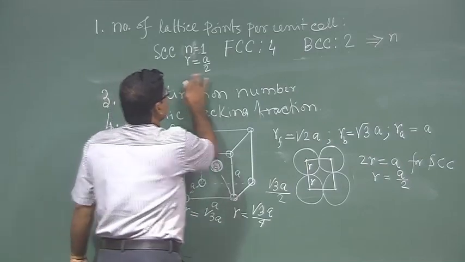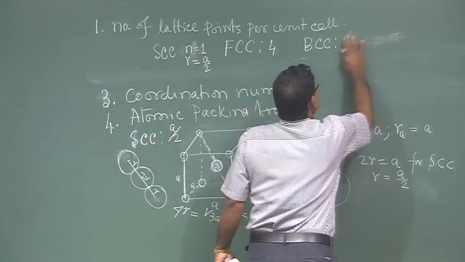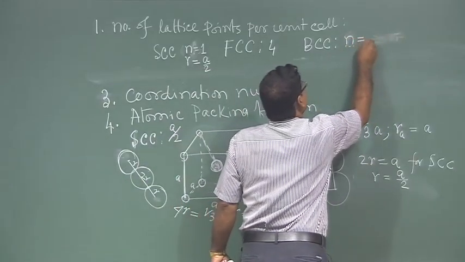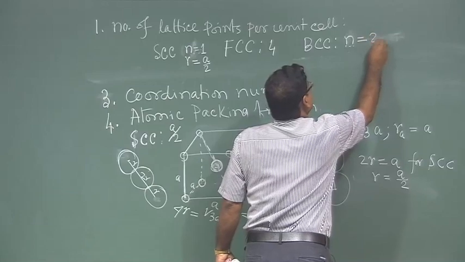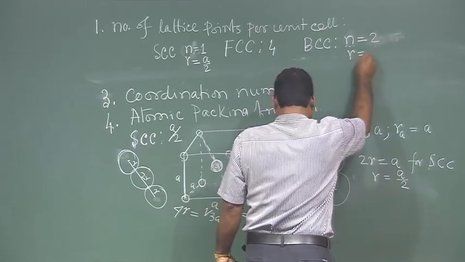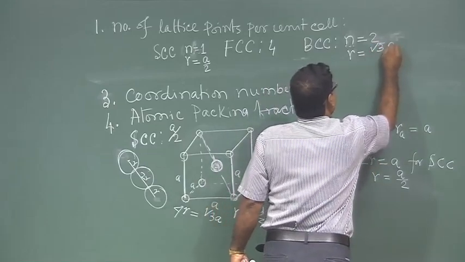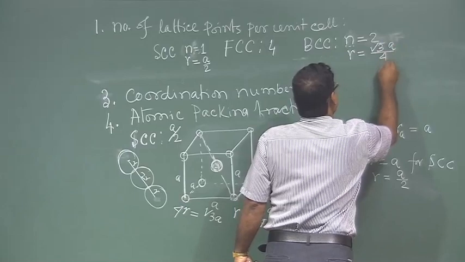And then for BCC, we write n equal to 2 and then this R equal to root 3 A by 4, right.